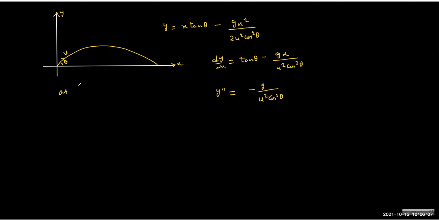So at x equals 0, that is the beginning, the point of projection, the first derivative becomes what? So y dash becomes tan theta, because x is 0 if you substitute in this equation. And y double dash is independent of x, anywhere you will get the same answer, which is minus g upon u square cos square theta.